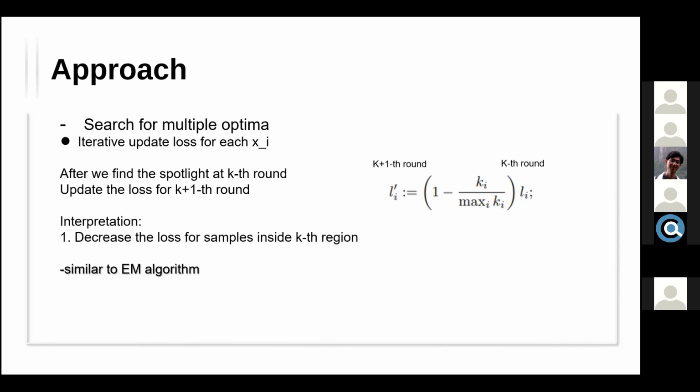Basically, they just decrease the loss inside the spotlight found in round k, and then continue to find the next one in round k+1. So this is an iterative process. And this formula just says if xi is close to the center mu, then the loss would be decreased a lot.